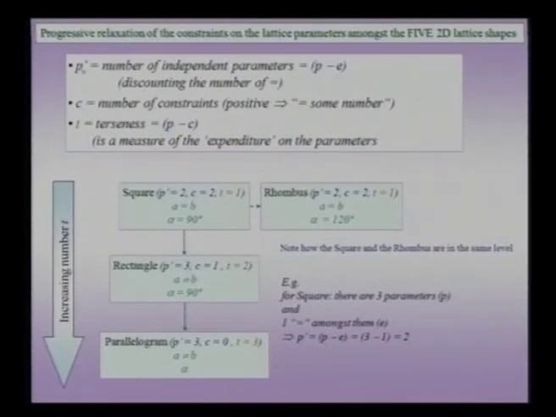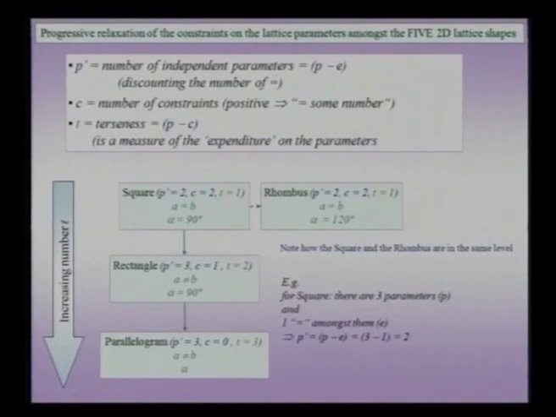We will define something known as P prime, which tells you the number of independent parameters required, which is nothing but the number of parameters and the number of equations which connect some of these parameters. In other words, if there are equal to signs anywhere in the parameters, then that will go into the contribution of C. C will be the number of constraints, and if there is some positive constraint, then the number C will increase.